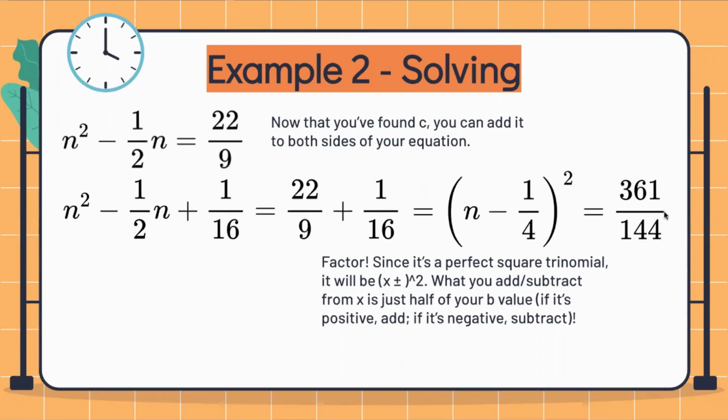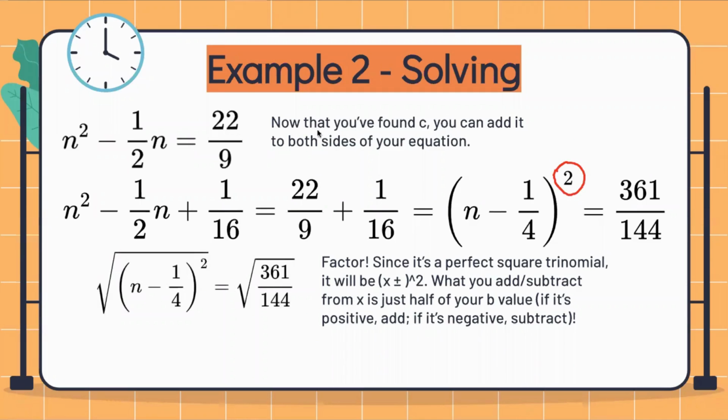over 144. Now that you have your factored perfect square trinomial, all you have to do is find your n value. First thing you want to do is get rid of your squared right here. How I'm going to do that is I'm going to square root both sides. So if you square root n minus 1/4 squared, that just gives you n minus 1/4.